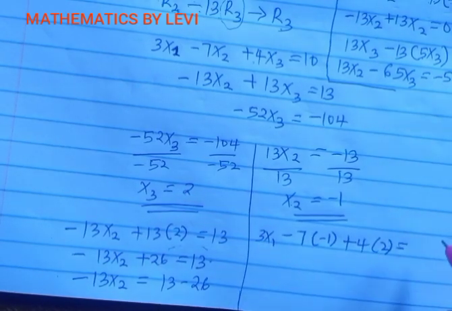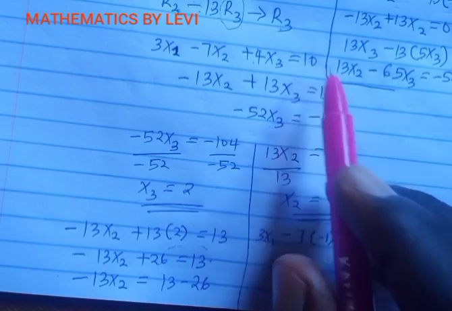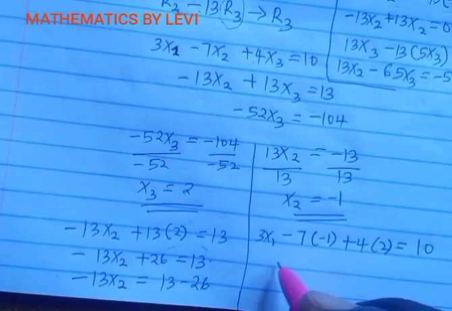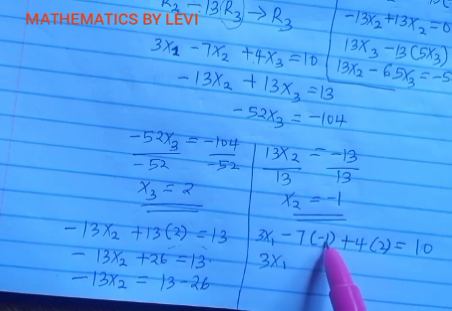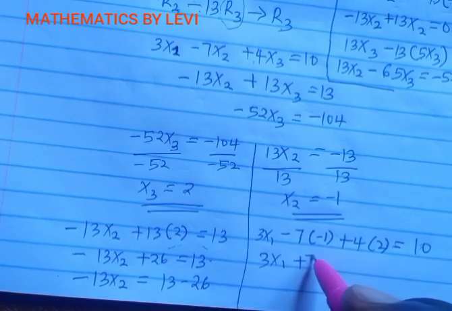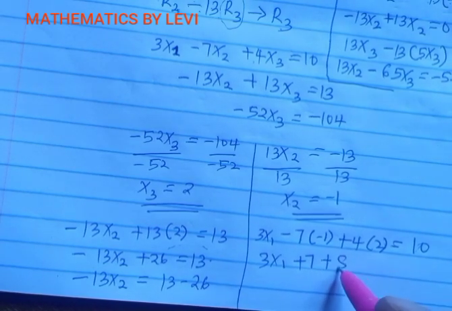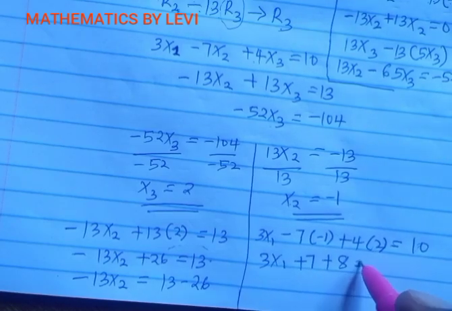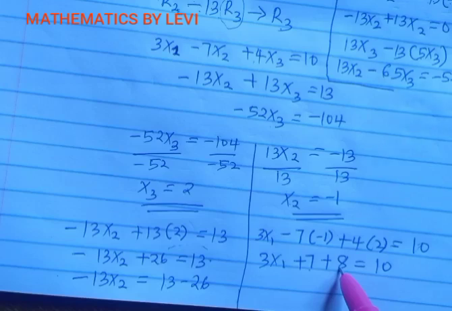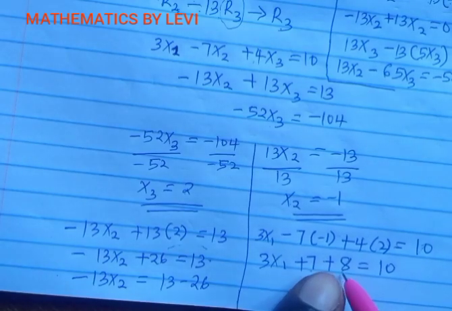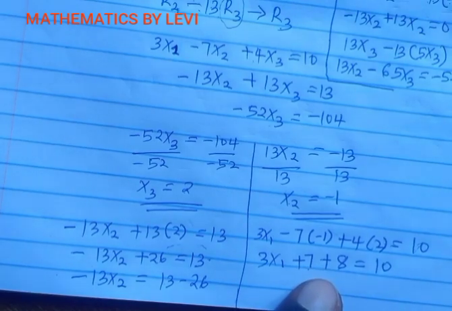Then equals to this 10. So we shall have 3x1. Then negative 7 times negative 1 is positive 7. Then plus 8. 4 times 2 is 8, equals to 10. Now 7 plus 8 is 15.